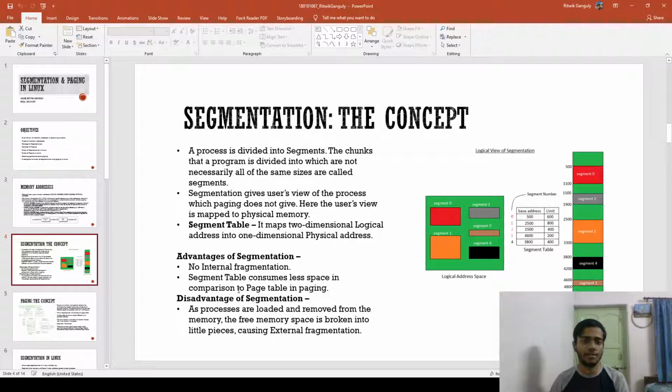Also, the segment table consumes much smaller space in memory in comparison to the page table in paging, which we'll see later on. One disadvantage of segmentation is that because we are breaking down the process into various segments, there is a chance of external fragmentation, where the free memory space in the physical address space is also broken down into various non-contiguous memory spaces. That is a disadvantage.